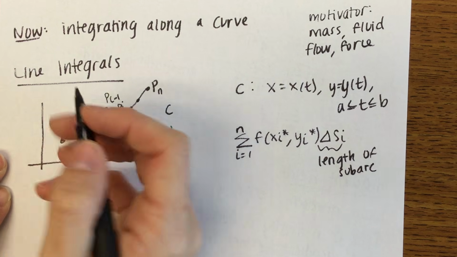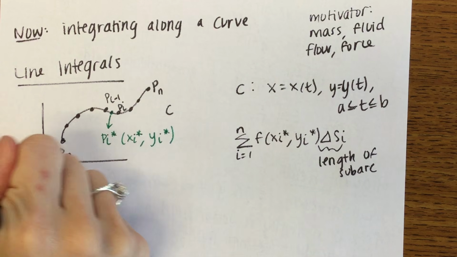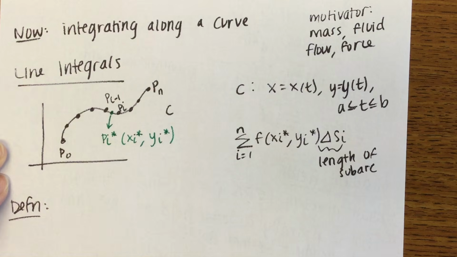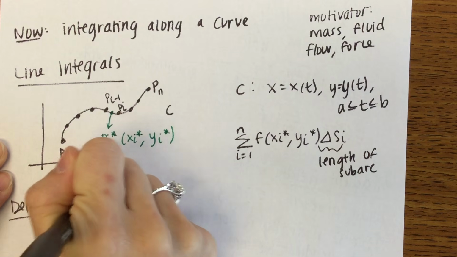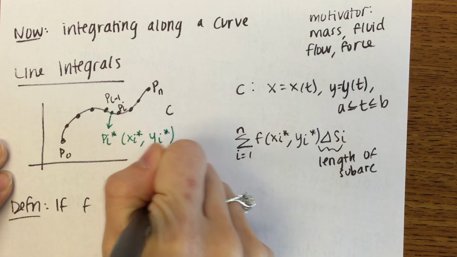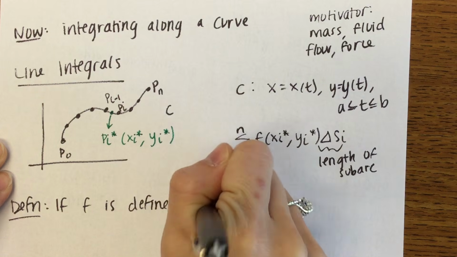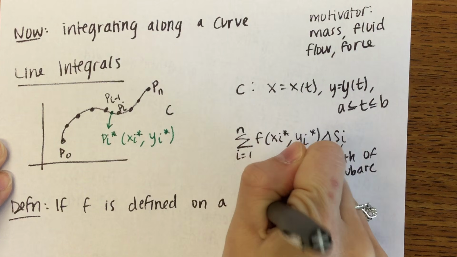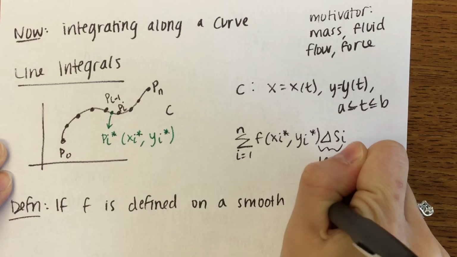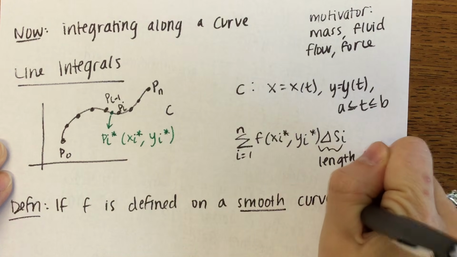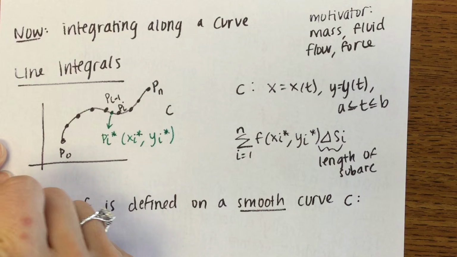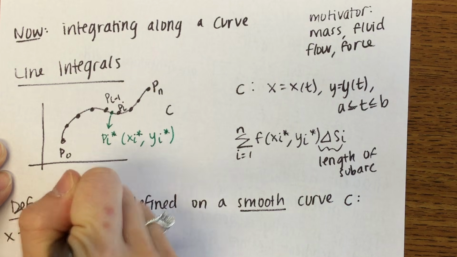So this leads us to the definition of a line integral. If f is defined on a smooth curve C, so that's important, it has to be smooth. And again, C is going to be defined parametrically.